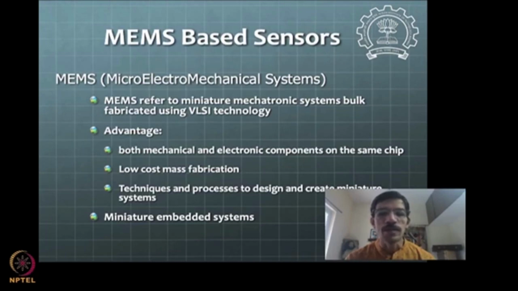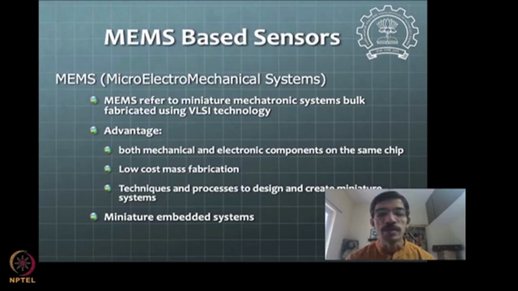You might have seen these foundries where people wear dust-free clothes, and then enter the foundry and fabricate the chips. Usually computer chips will have only electronic components.